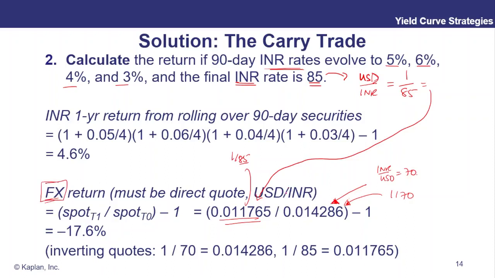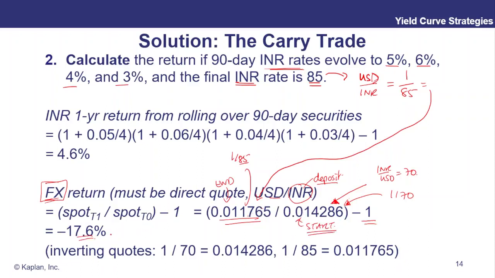With an ending dollar per deposit currency, whatever we're depositing in needs to go on the base, as we've said. We've got an ending exchange rate of 0.011765. We've got a starting exchange rate of 1 over 70, which is this 0.014. So end divided by start is 1 plus your return. Take off the 1, and you're looking at a return.